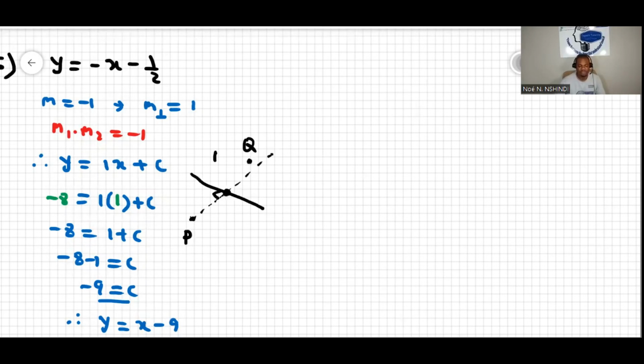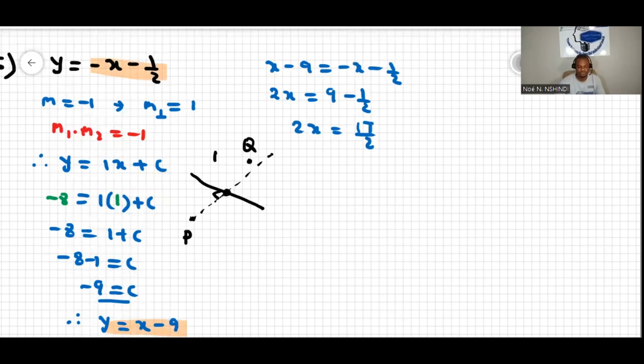Let's do it then. The intersection point is when we equate the two equations. We set x minus 9 equal to -x minus a half. If I move the -x over, we get 2x, and if I move the -9 over, we get +9 minus a half. So 2x is equal to 17 over 2.